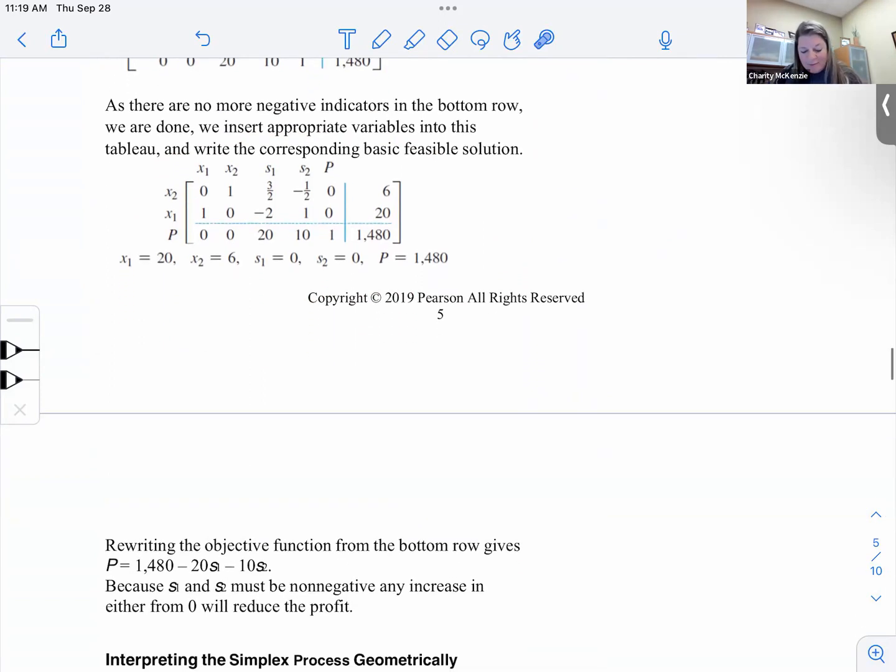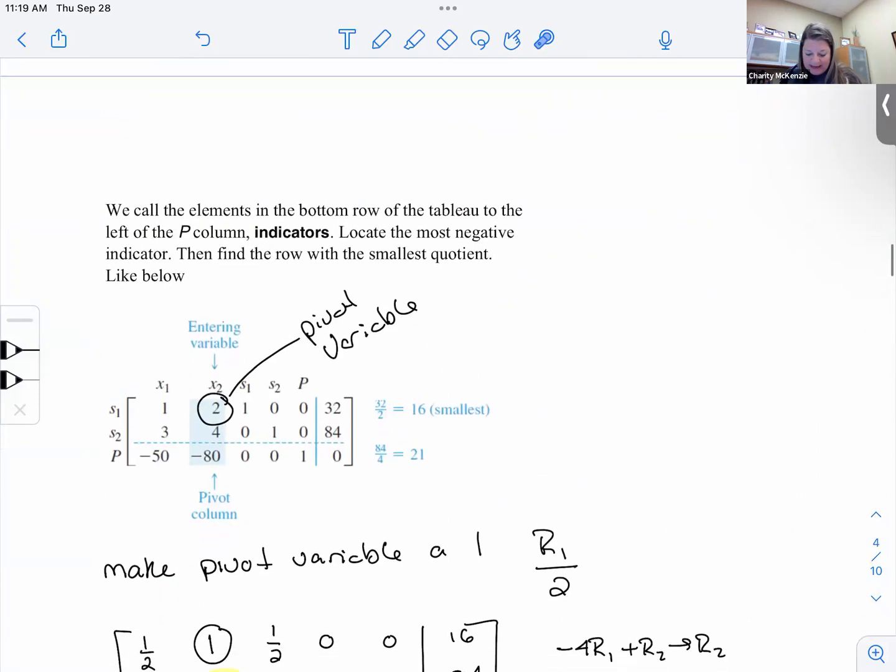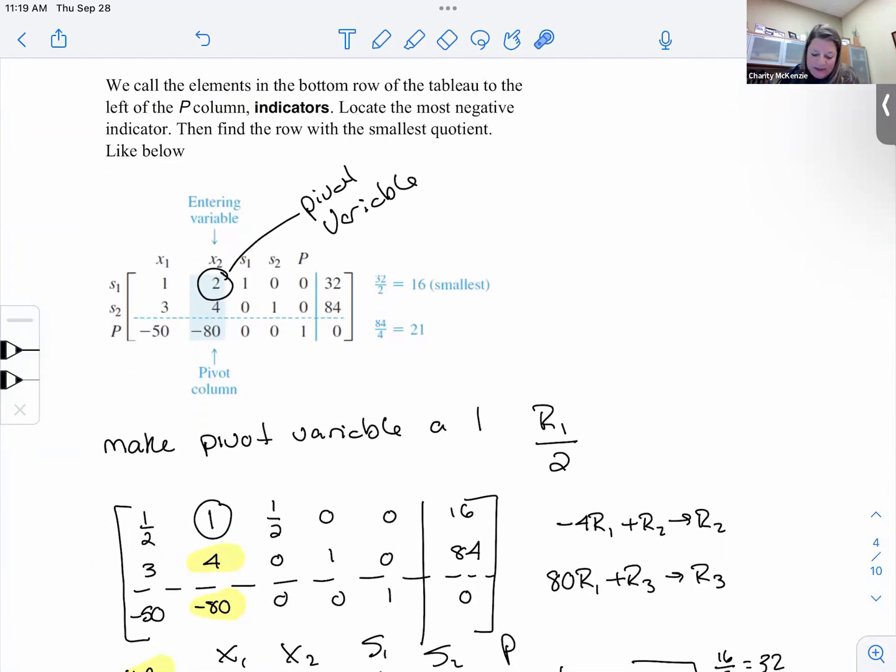Okay, I never write the side variables because I find them a little bit confusing. And they do talk about entering variables and exiting variables, right? As one enters, I think it's labeled up here, right? So this variable is entering and the S1 is exiting. Okay, S1's going to exit, this one's going to enter.